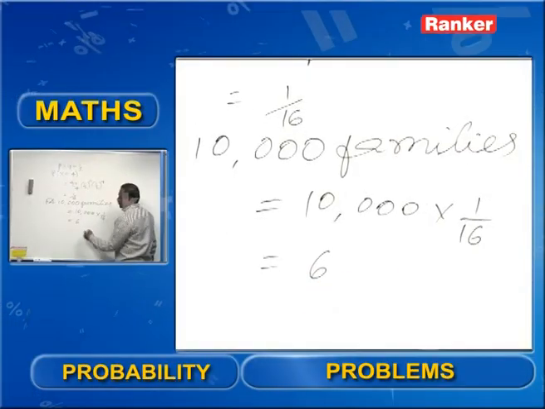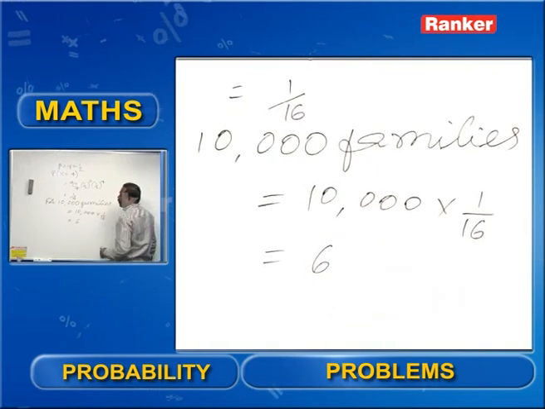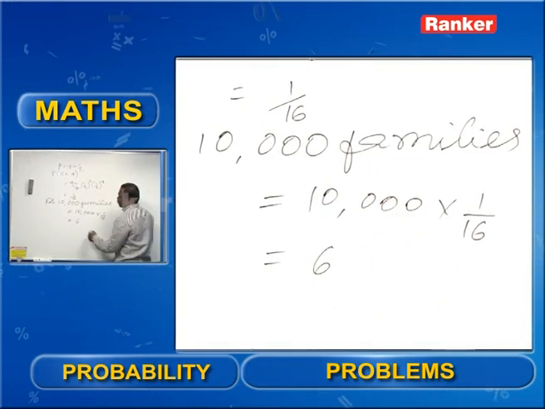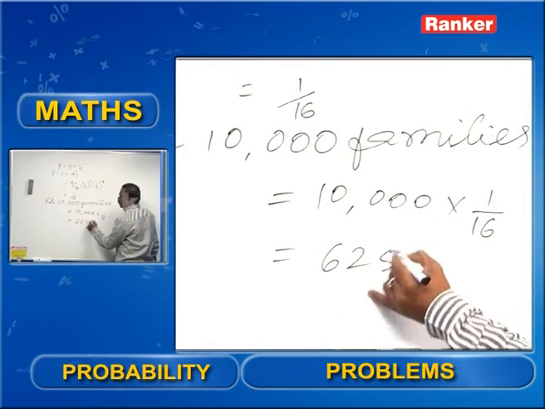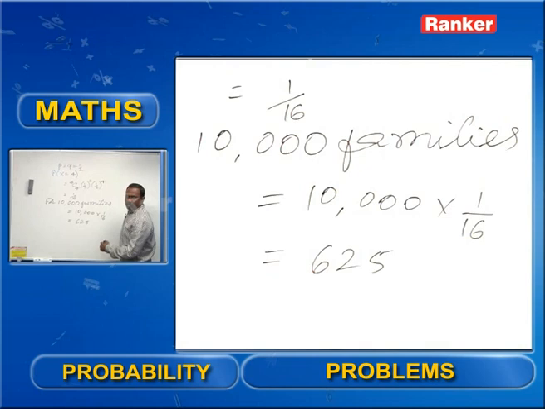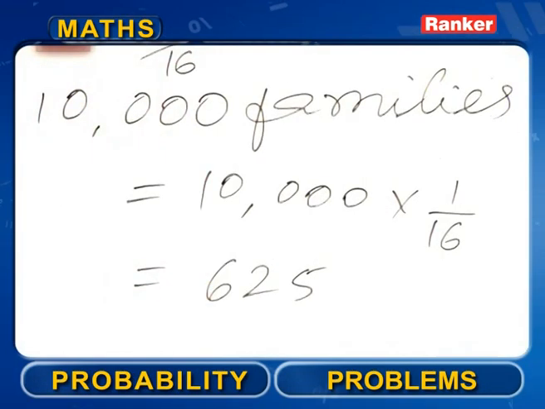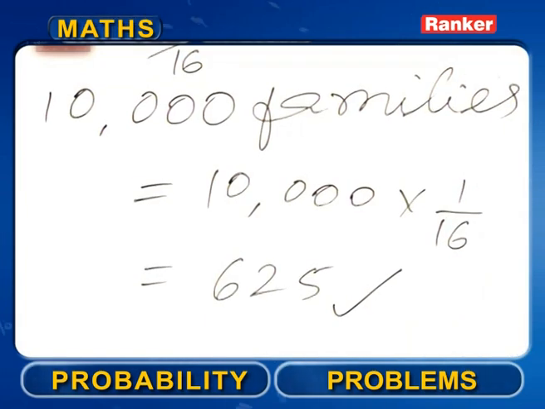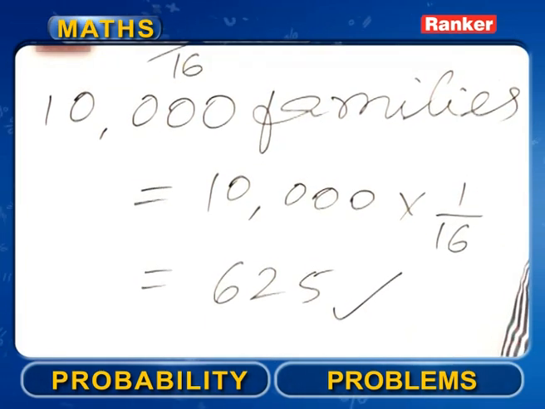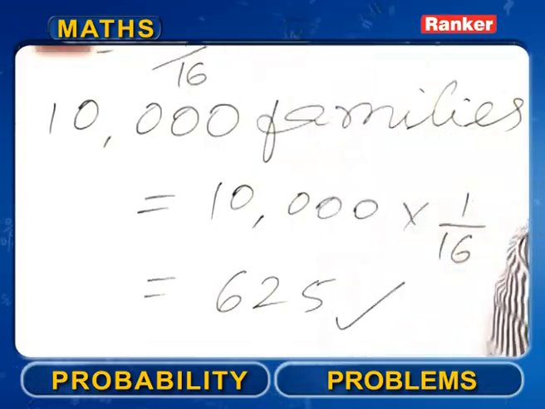So it is 625. 16 into 6 is 96, and again 40; 40 means 2 times, 80 means 5 times. So 625 families, there is probability to have all the 4 daughters. All the 4 children are daughters.